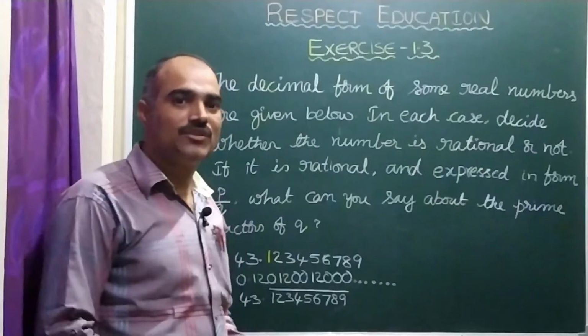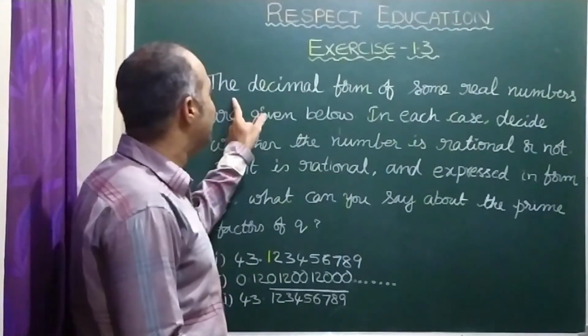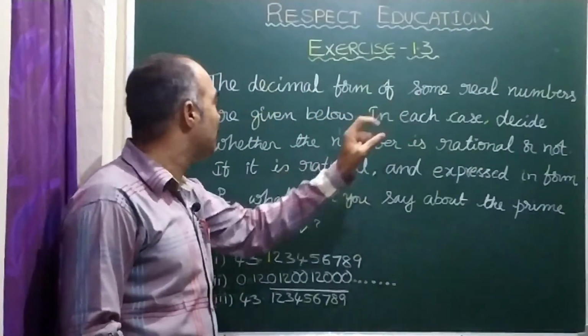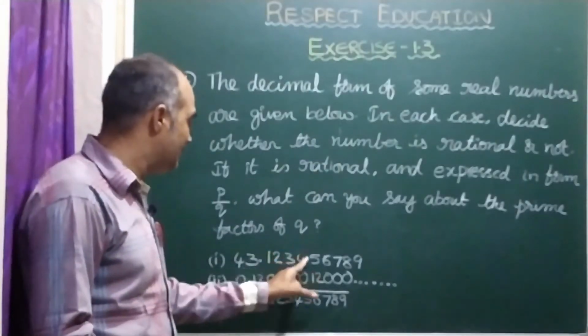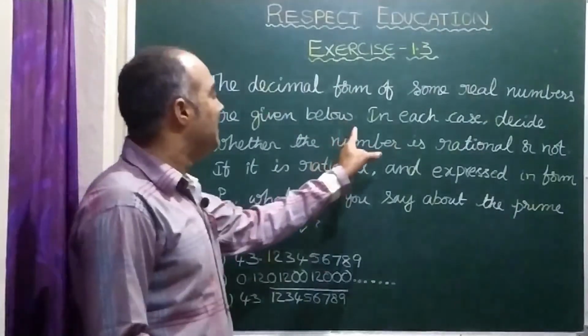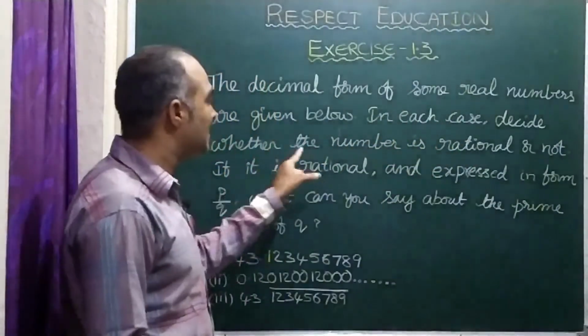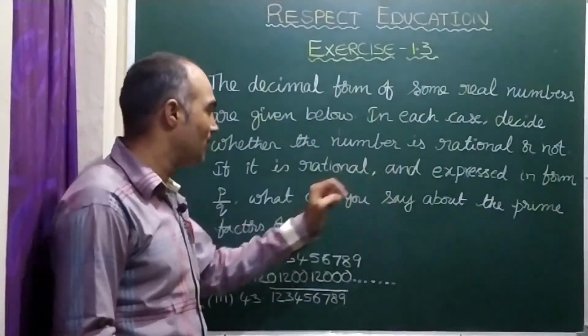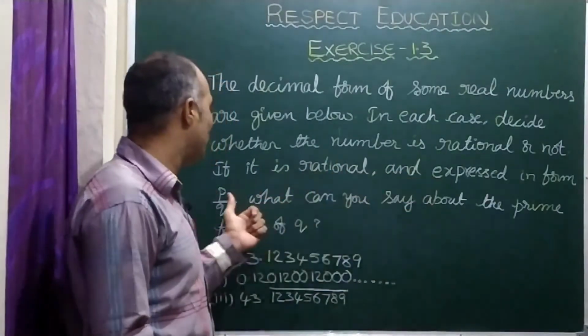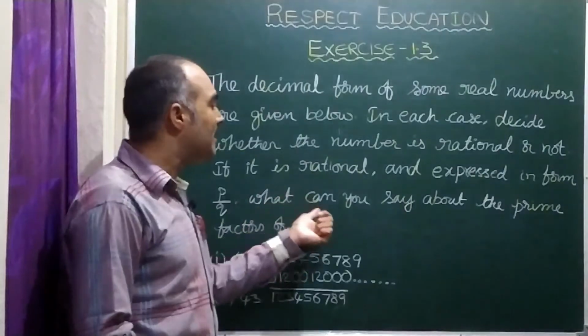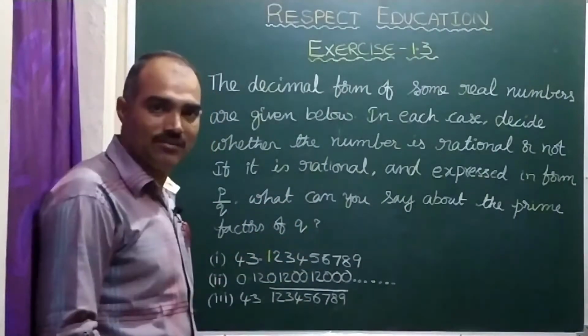Now let us see the next question, that is the fourth one. The decimal forms of some real numbers are given below. Here 3 bits are given, children, and each one is a real number. In each case, decide whether the given number is rational or not. If it is rational and expressed in the form of p by q, what can you say about the prime factors of q?